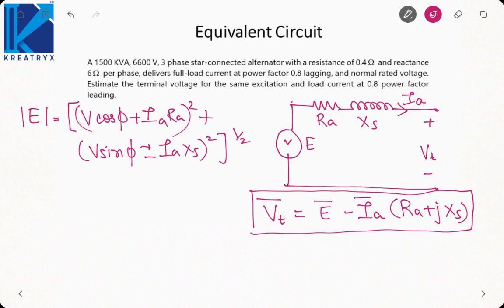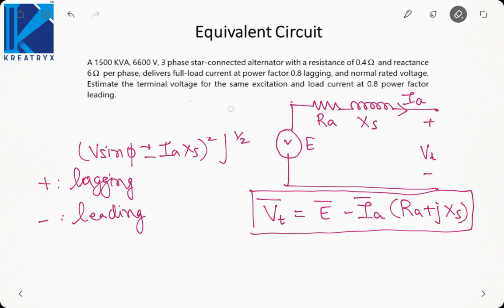Plus corresponds to lagging power factor, minus corresponds to leading power factor. Always remember this expression in order to find the magnitude of EMF. Is it fine? Now let us see the problem that is given to us.